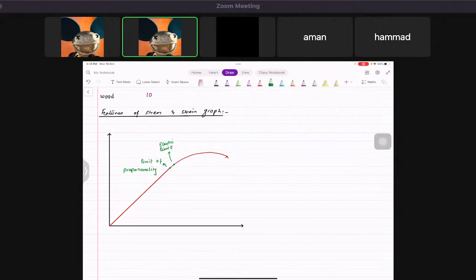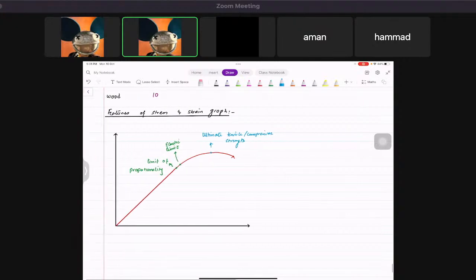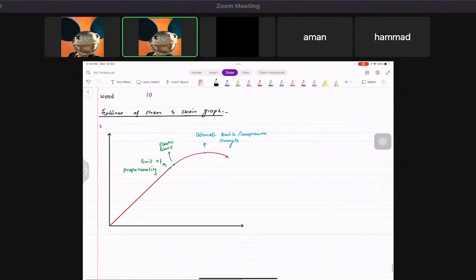And then let's use another color on top of it. This is the maximum point, which we call the ultimate tensile, or if it's compression, compressive strength, because this graph is stress, in pascals, and strain.